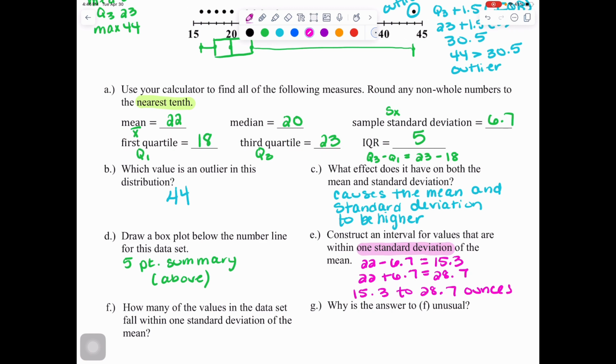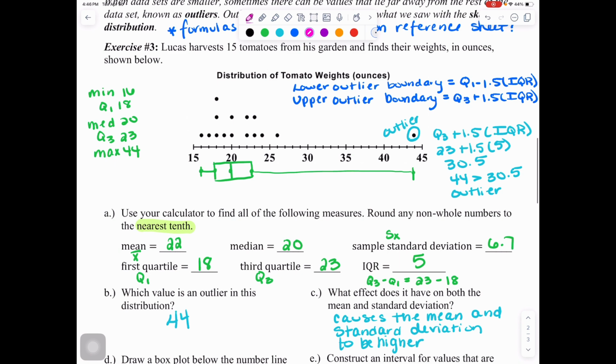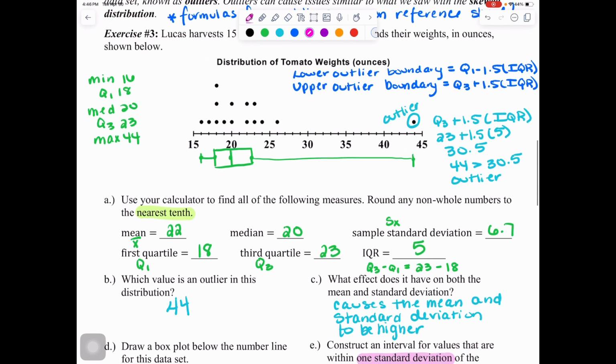So in part F, how many values in the data set fall within 1 standard deviation of the mean? So we'll go up to the top and we'll find about 15.3. So that's just a little bit more than 15. And then we also have to go up to 28.7.